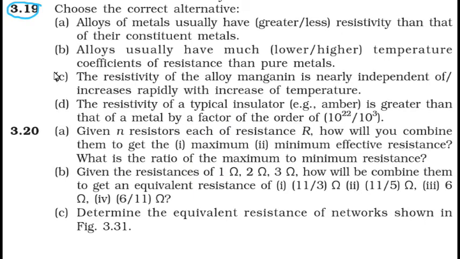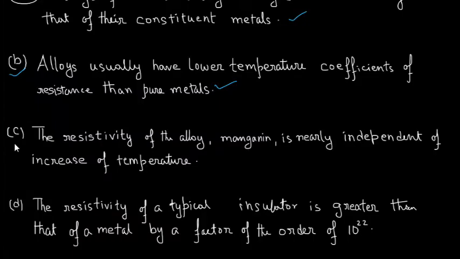Part C is, the resistivity of the alloy manganese is nearly independent of or increases rapidly with increase of temperature. The answer to C is, the resistivity of the alloy manganese is nearly independent of increase of temperature.